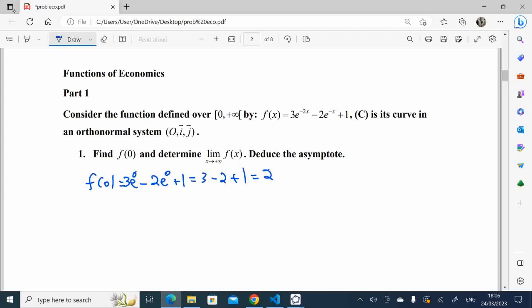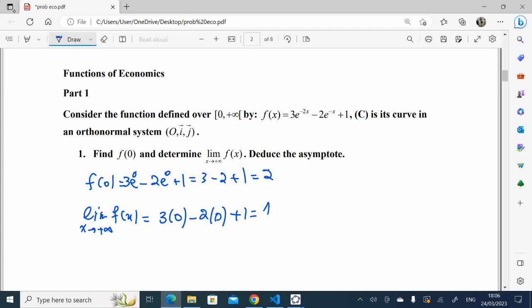Now the limit as x approaches plus infinity of f of x is equal to 3e^(-infinity), which is 3 times 0, minus 2 times e^(-infinity), which is also 0, plus 1, so the answer will be 1.